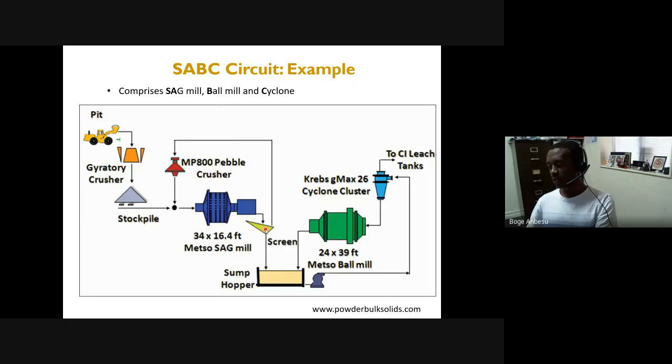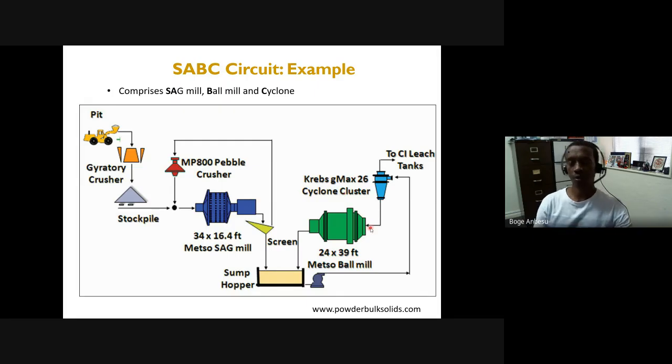And of course, once you have undersize from a screen, that can be sent to a classifier, or that can be fed straight to a ball mill, and the ball mill is operated in closed circuit with a classifier. So at least you have crushing and grinding happening, but with them, you also have screening and classification.